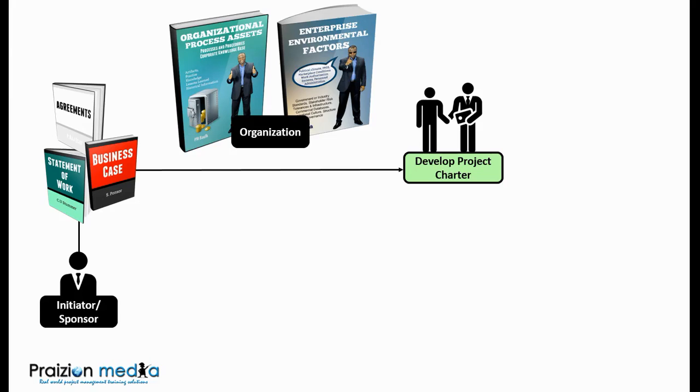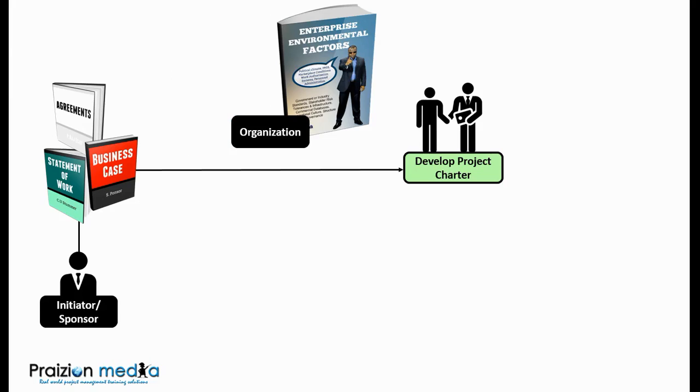Now let's talk about what EEFs are at a high level. These are factors that could impact the outcome of the project. They could come from within the organization or without. An example is the availability of resources, regulations, and marketplace conditions, for example.